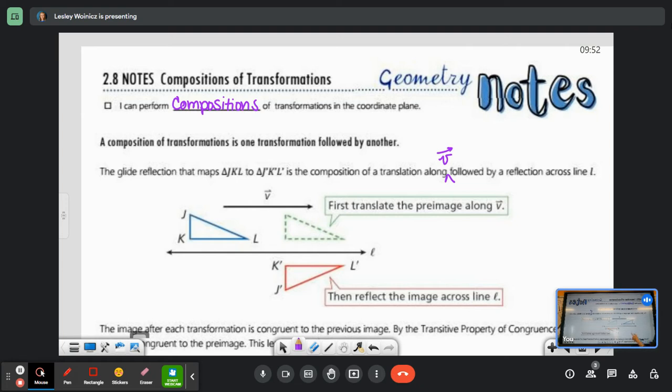So you can see that first my pre-image is traveling along vector V in this direction.